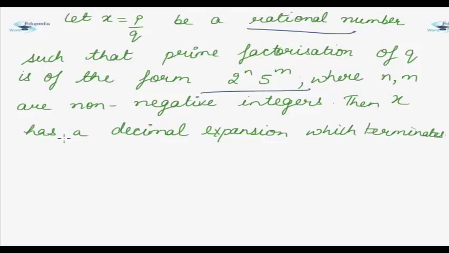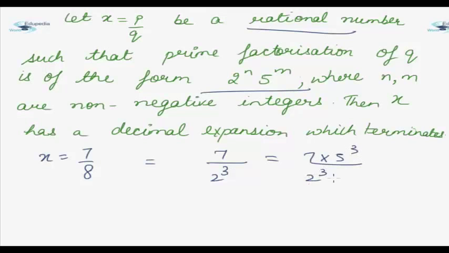Let us have first a rational number, say x equal to 7 by 8. Now we can view this number as 7 by 2 cube. Further, we can also modify this number by multiplying and dividing it with 5 cube. Thus we will get 7 into 5 cube over 10 cube.